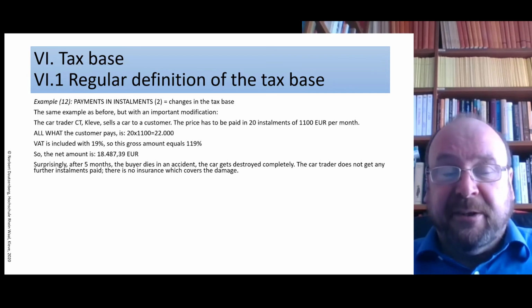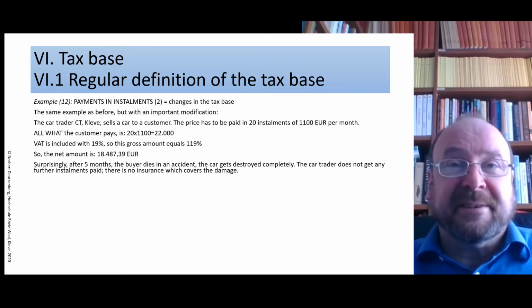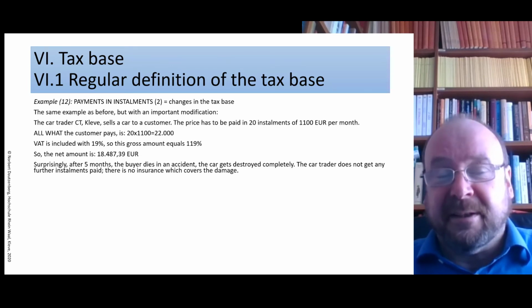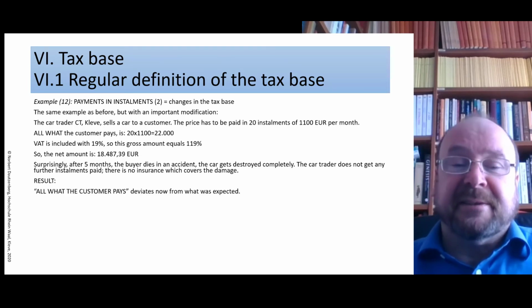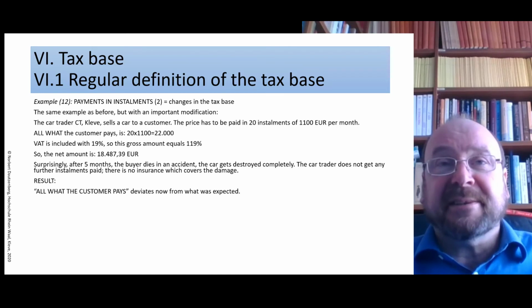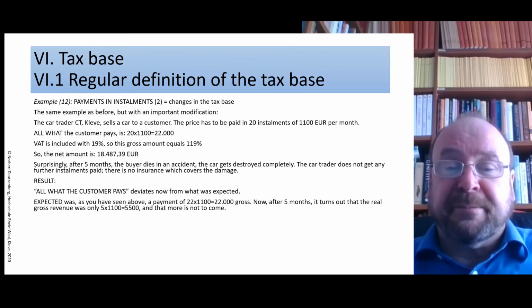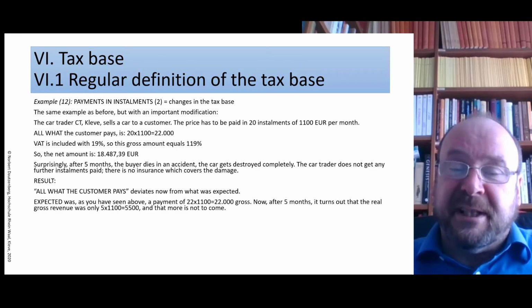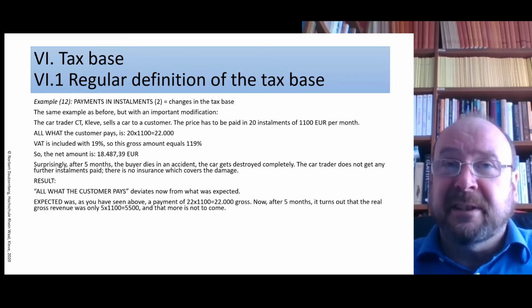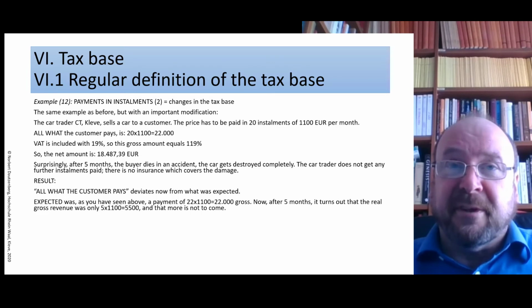So you lose all the remaining installments to which you would have had a claim. The result is now that all that the customer pays is different from what you originally expected. You expected a gross amount of 22,000 and calculated the VAT amount which was due to the fiscal office based on that assumption.